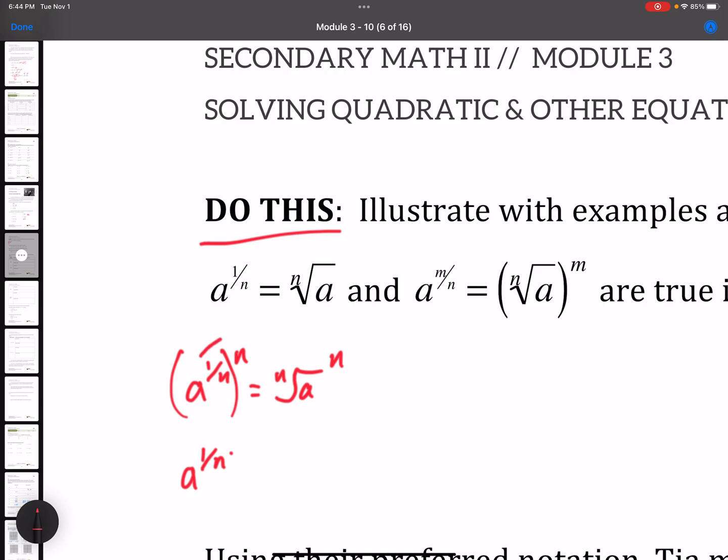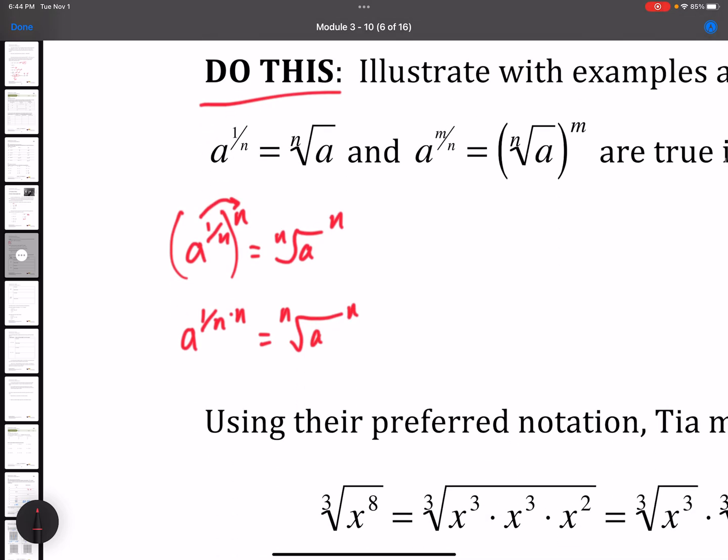When I raise a power to a power, I multiply those, and I get a to the 1 over n times n. Now, when I raise something that's being rooted to the same power as that root, those things cancel off. Similarly, I would have a to the n over n, which is just a to the first. So I get a to the first is equal to a.